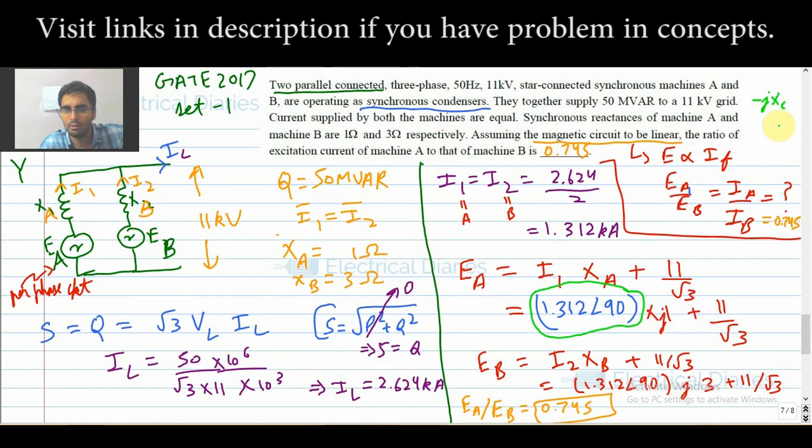Now if you find the current, say there was some voltage source and you divide it by the impedance, on solving this expression you will get V at an angle 90 degrees, V by XC. So I hope you get the idea why I have taken 90 degrees here. This is the concept, and this you should know.